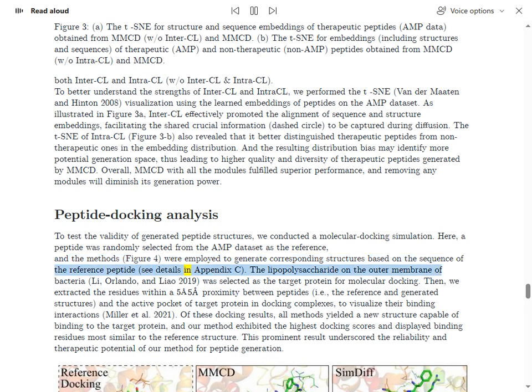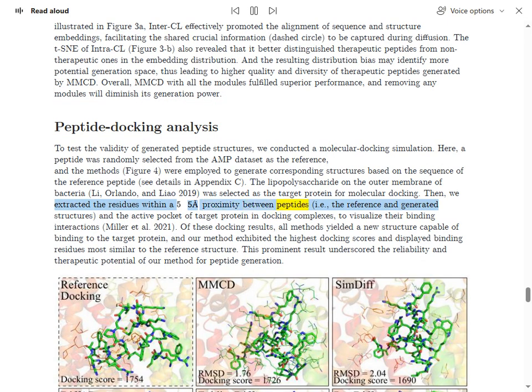See details in Appendix C. The lipopolysaccharide on the outer membrane of bacteria, Li, Orlando, and Liao 2019, was selected as the target protein for molecular docking. Then, we extracted the residues within 5 Å proximity between peptides, i.e., the reference and generated structures, and the active pocket of target protein in docking complexes to visualize their binding interactions.